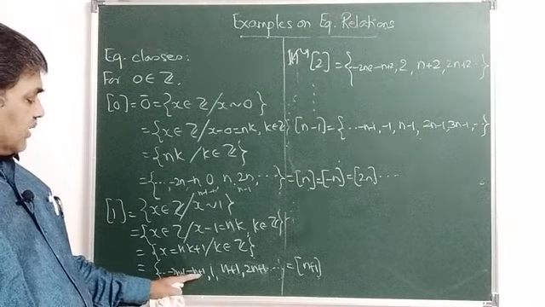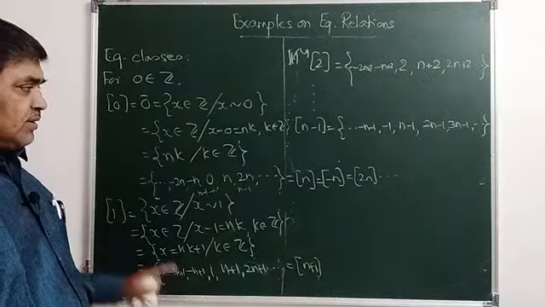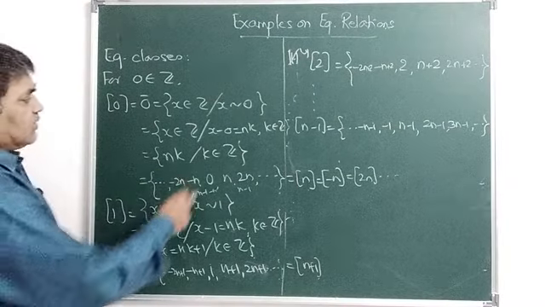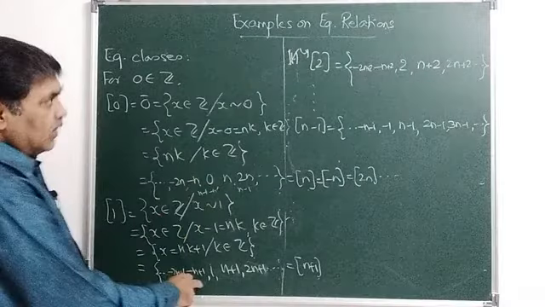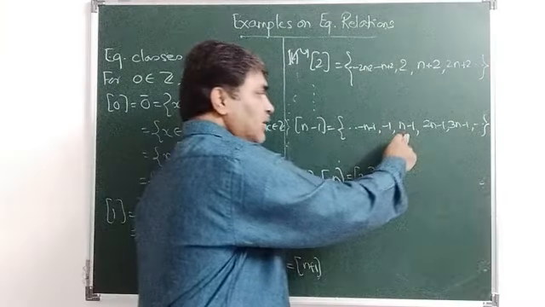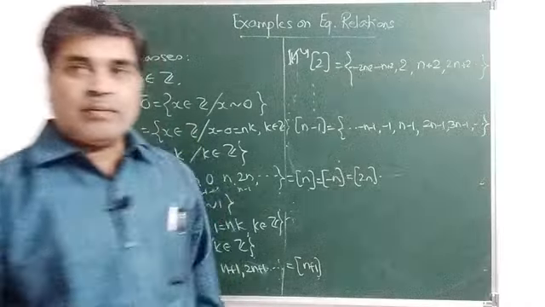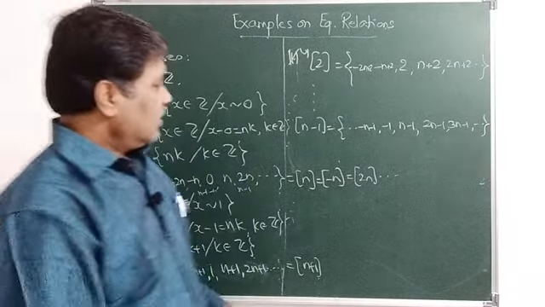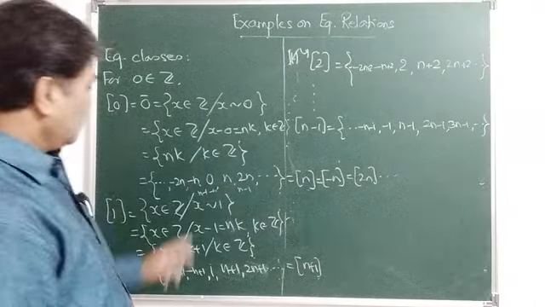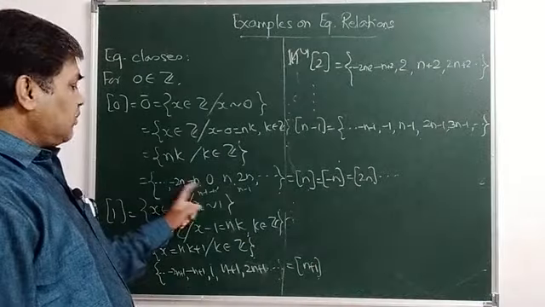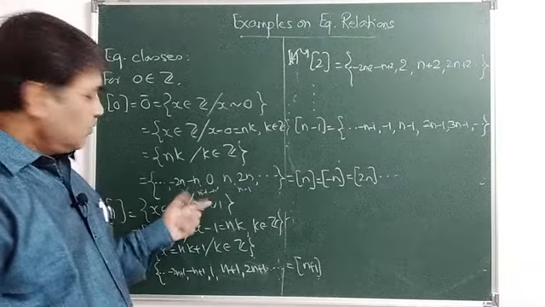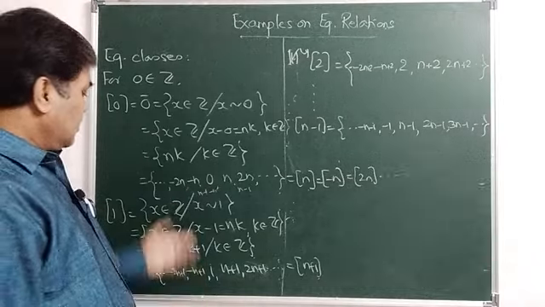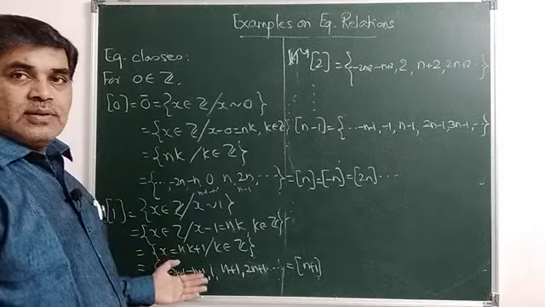The equivalence class of minus n plus 1 is the same as this. So if you observe here, it contains 0, then 1, 2, n minus 1. The central element will become n there. On this side, if you add minus n plus n, that gives us 0 again. This set is just repeating. For the next element n plus 1, we will get the next set, and so on.